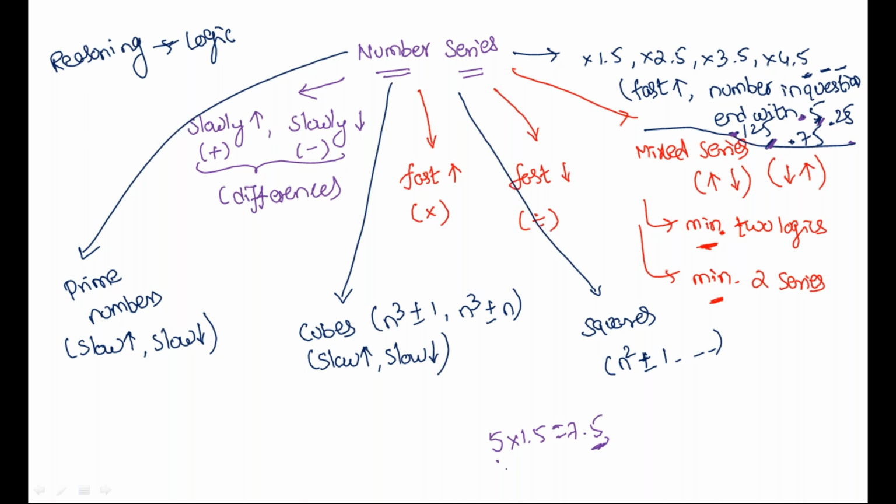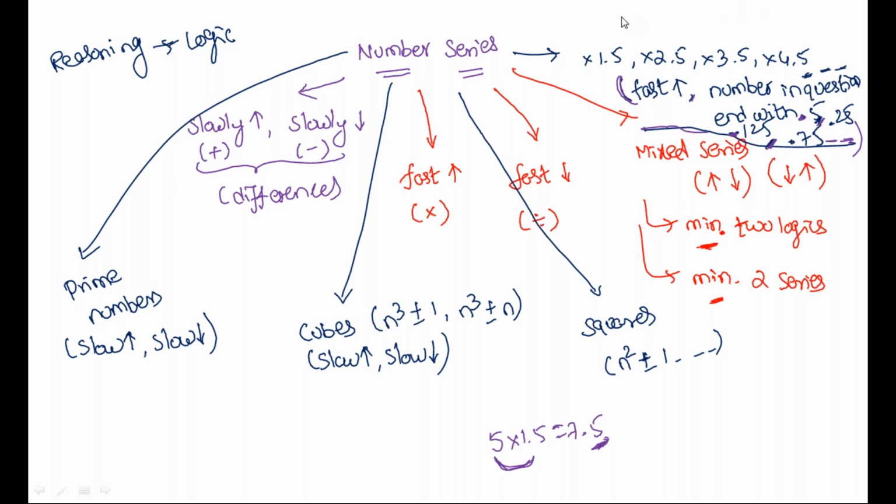So if you multiply with 1.5, 2.5, 3.5, there is a chance you will get a number ending with 0.5, 0.25, 0.75 like that. Using that, you can at least identify in the question that at least one number is ending like this. Then you can think about this logic.